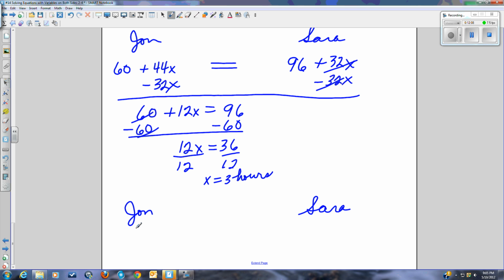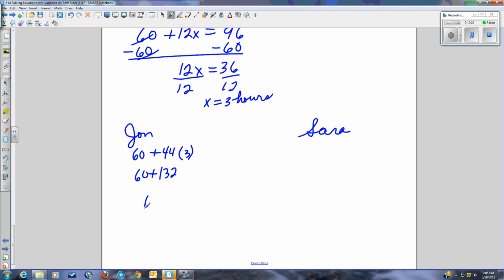So let's see. So we have 60 plus 44 times 3. Well, 44 times 3 gives you 132, plus 60 gives you 192 bulbs. Now Sarah should be the same amount. Let's see.